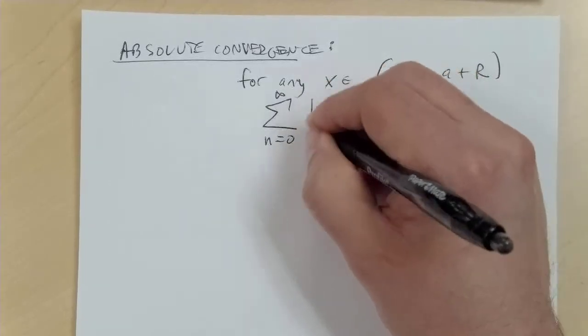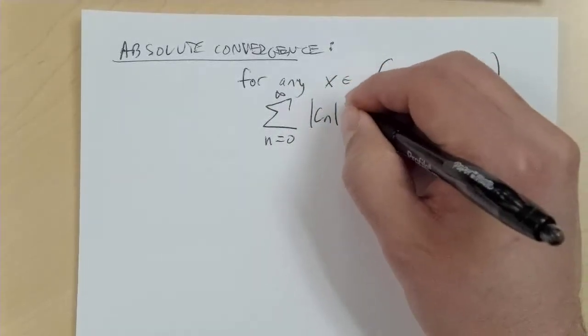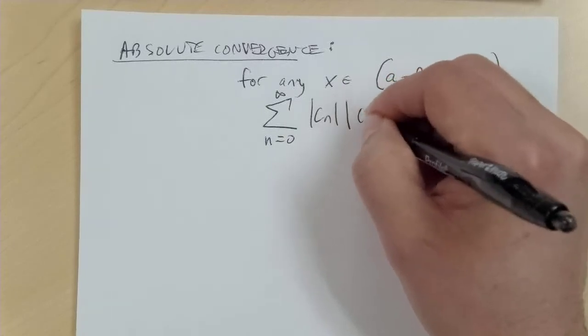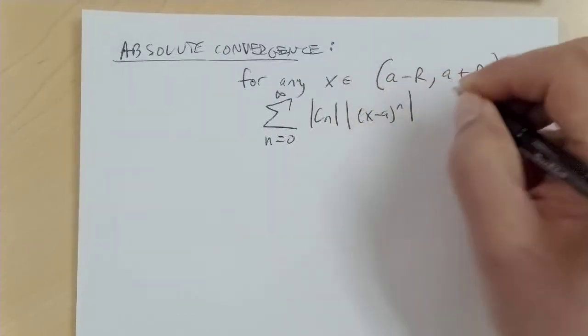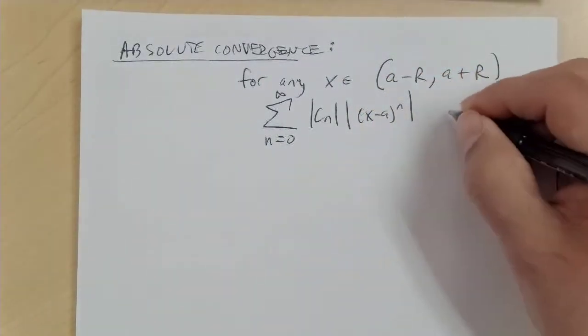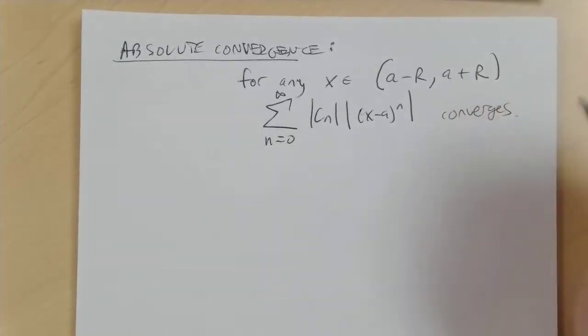In other words, the sum of the absolute value of c sub n times the absolute value of x minus a to the n converges.